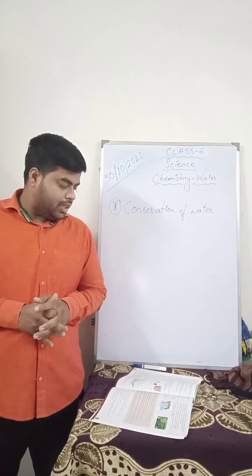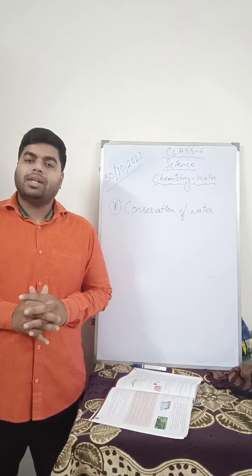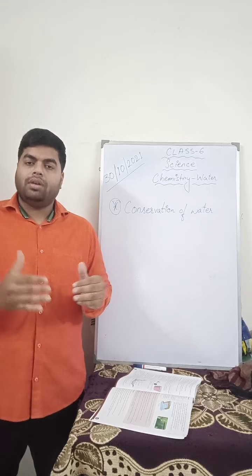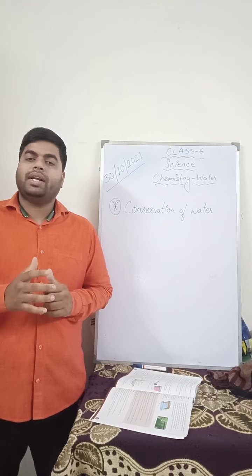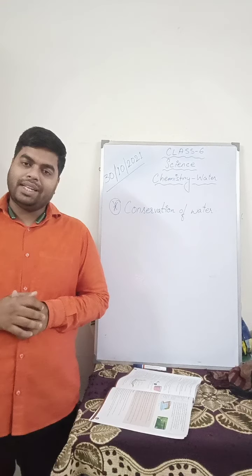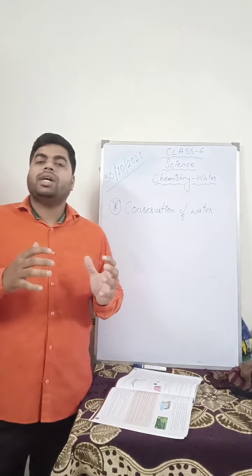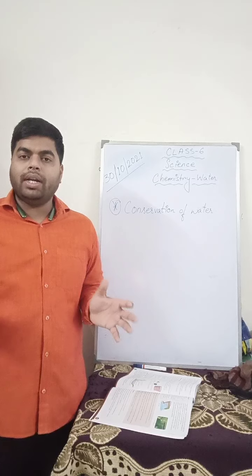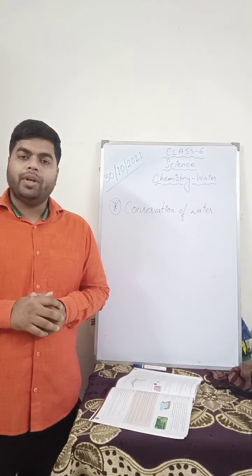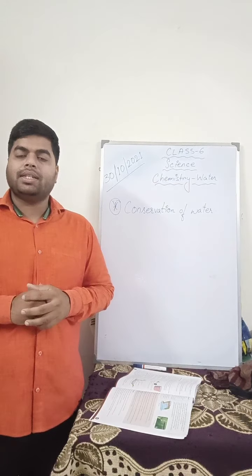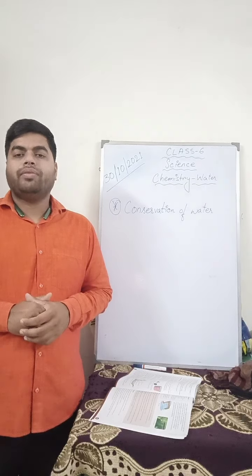So these are the methods by which we can conserve water. There are some methods to be followed in the house which can save water, and there are some methods which should be followed by everyone, even the government, to save water, so that we don't feel the scarcity of water in our future.